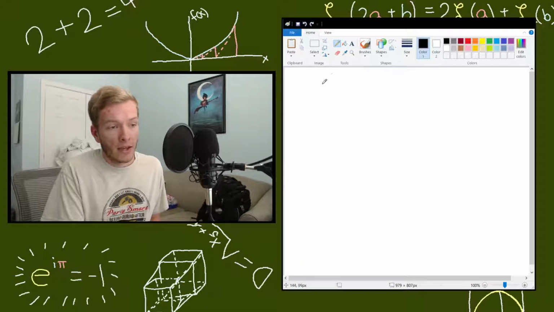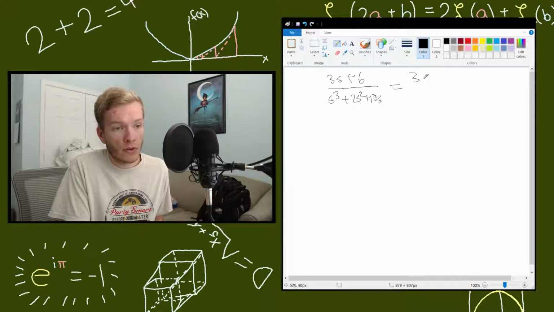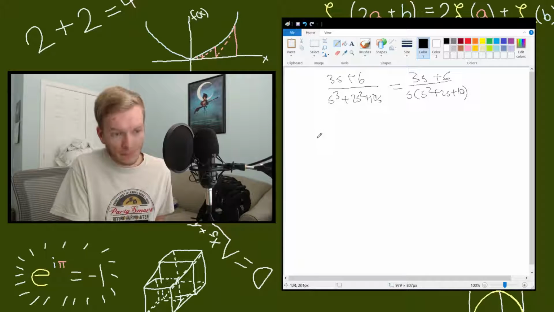So if we had our (3s plus 6) over our (s cubed plus 2s squared plus 10s), that's equal to (3s plus 6) over s times (s squared plus 2s plus 10), and then we can multiply that out.